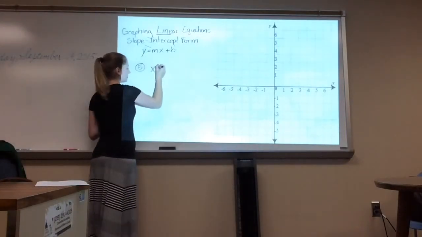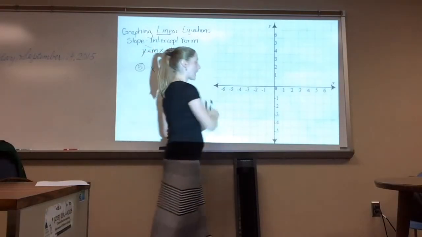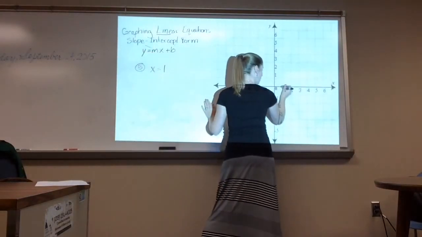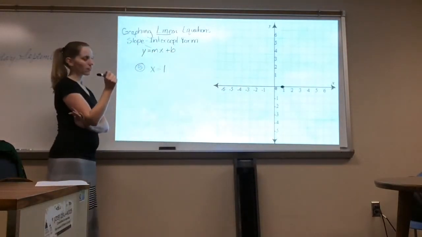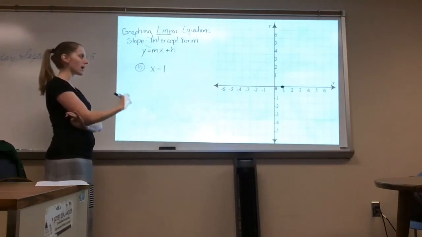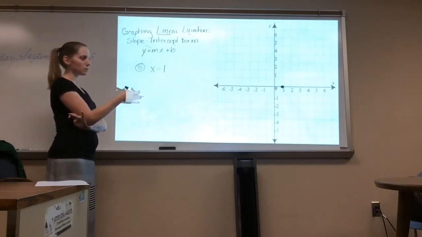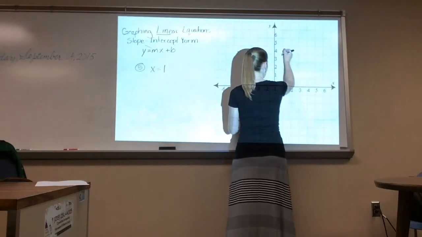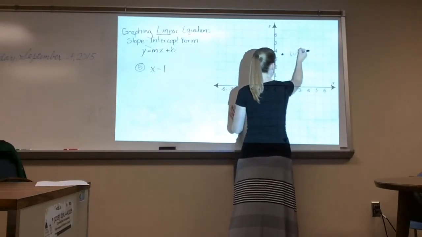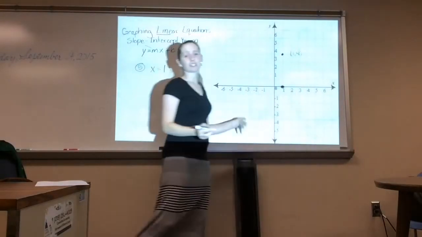X equals 1. So we'll go to the x-axis this time, and we'll go to 1. But if we think this through, just like with the y, that's not the only place where x is 1. If I go up to this point here, the x coordinate is 1, the y coordinate is 4.